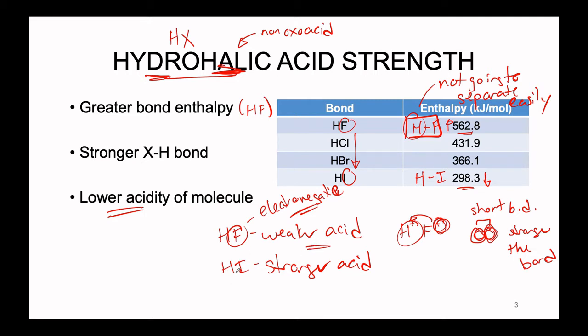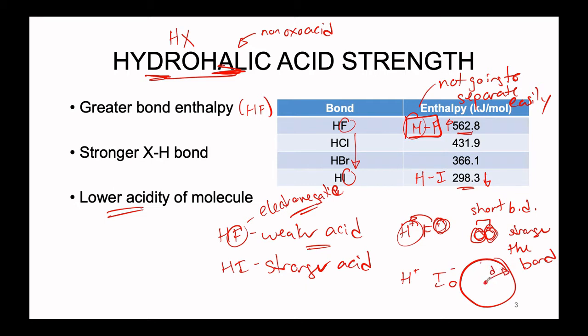The hydrogen iodide, as a contrast to this, we have a hydrogen that still in solution would give us a plus charge. This iodine would still have a minus charge. However, this iodine is super big compared to the H+. This means that the minus charge is going to be very spread out at a very large distance.